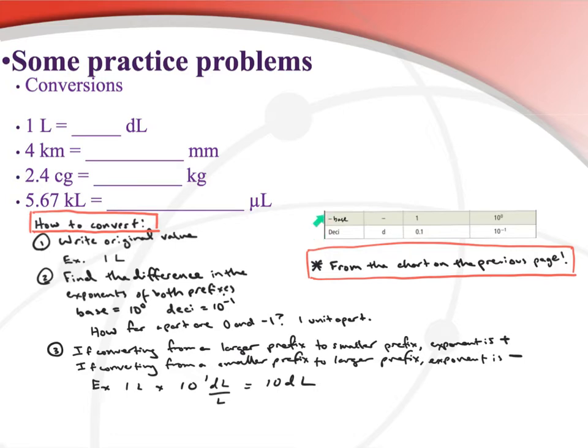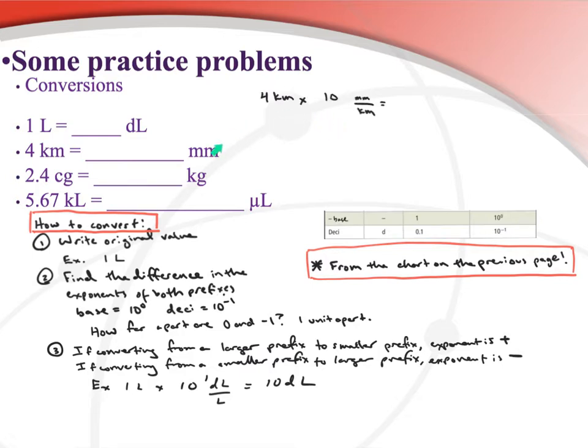So I'm going from a larger to smaller, meaning my exponent's going to be positive. Okay, so all I do is just multiply by that value then. 1 liter times 10 to the first deciliters per liter. All we're doing is multiplying times that 10. Now this is to the positive 1, because we're going from larger to smaller, and I get 10 deciliters.